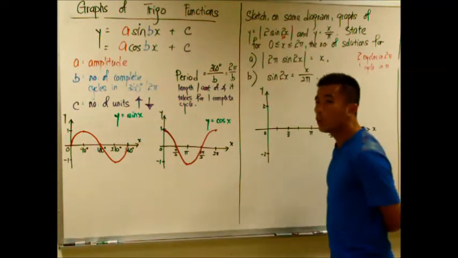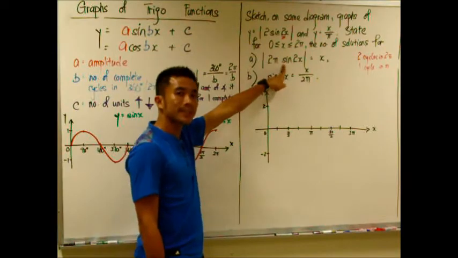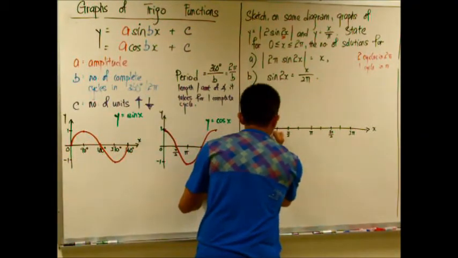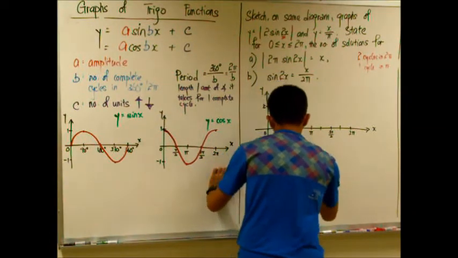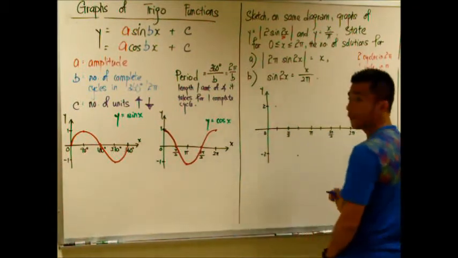Remember, we are supposed to do our dotting before we join the dots together. The sine curve starts from 0. It will go up, back to 0, oscillate to negative 2, back to 0. This is your first cycle.